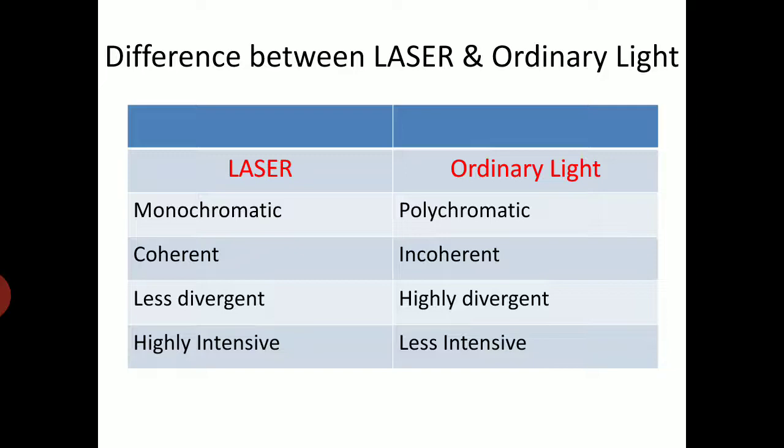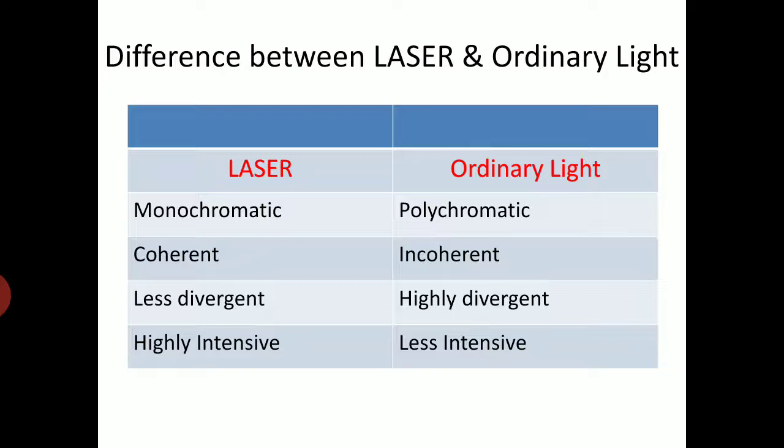If you take sunlight, tube light or incandescent light, we see more than one wavelength, more than one color. That's why we call ordinary light polychromatic. Second is coherence. The laser is a coherent source, while ordinary light is incoherent.